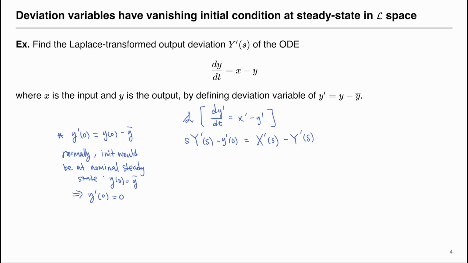So the deviation is 0. There is no deviation. If there is no deviation, this term cancels out, goes to 0. So rearrange this, make y on the left, x on the right. We can solve for y prime.